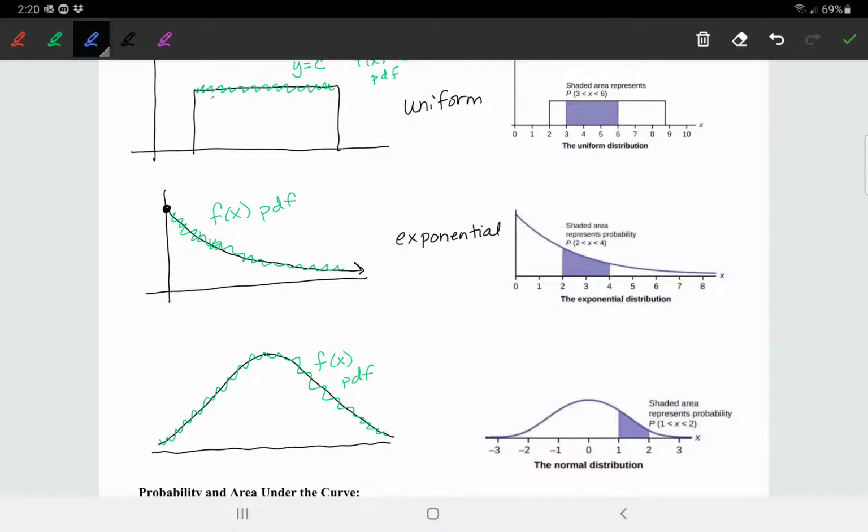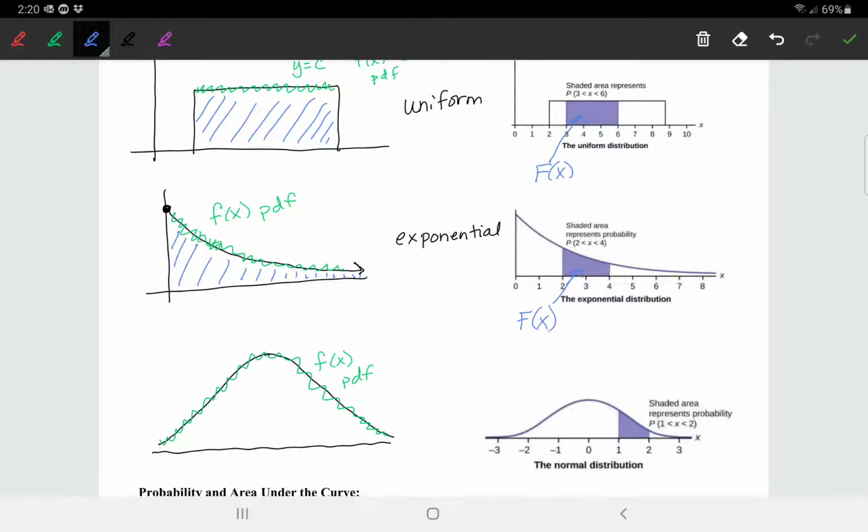So the area under the curve for the uniform is inside of here. And if we wish to calculate any probabilities, like say for example here, we will have to use capital F of x. For the exponential, the area under the curve happens here. And again, we could calculate just a portion of it.